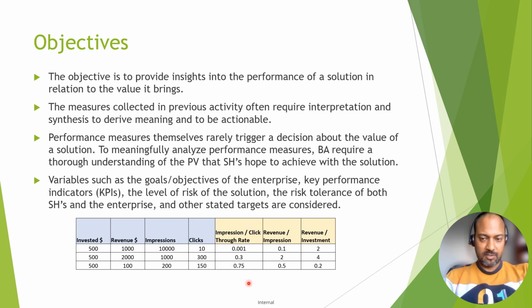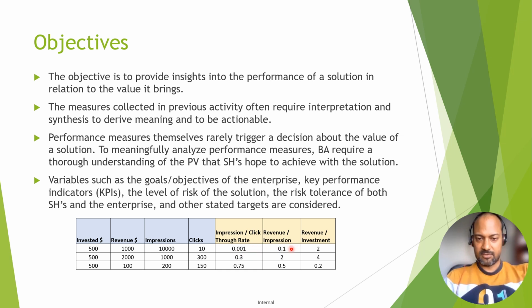So these are the conversion metrics: impression per click, revenue per impression, revenue per investment. Here in the first row, you can see $500 invested, $1,000 revenue generated, impressions were 10,000 given by Google, and only 10 users clicked on that. So the click-through rate is very, very low.